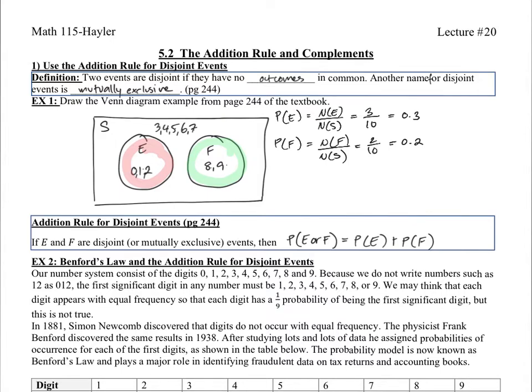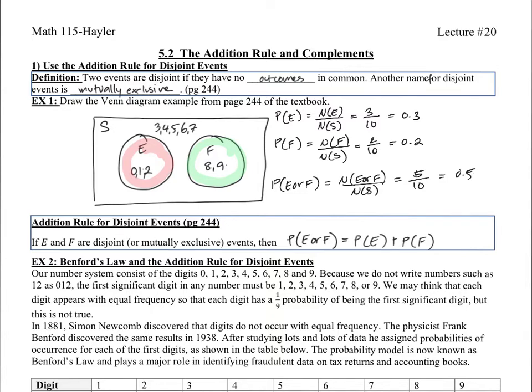If we wanted to figure out the probability of E or F, how many options do we have? 1, 2, 3, 4, 5. That's the number of E or F divided by the total sample space, so 5 divided by 10, which is 0.5.